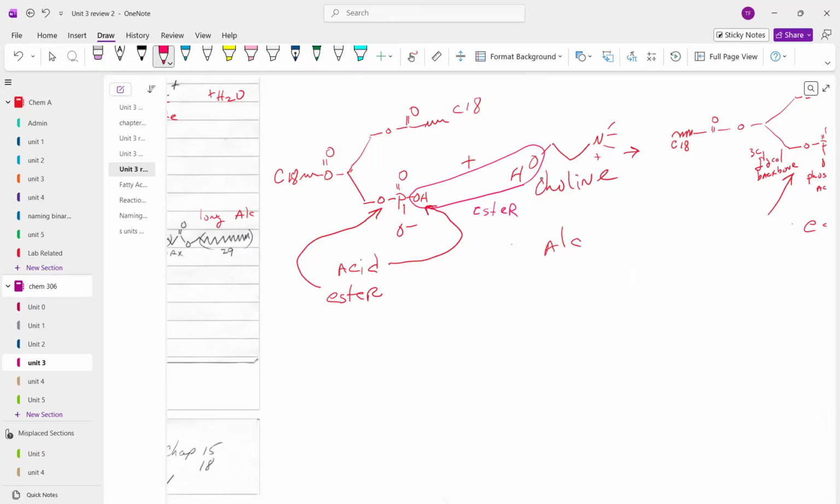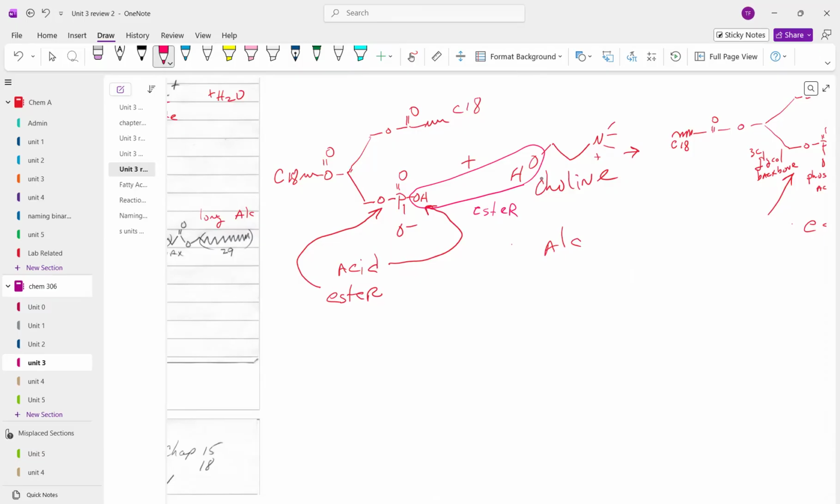Now, choline is also a neurotransmitter. Neurotransmitters work by making the nerve gap or the synapse gap work. And there are different neurotransmitters. Choline is the most common one.